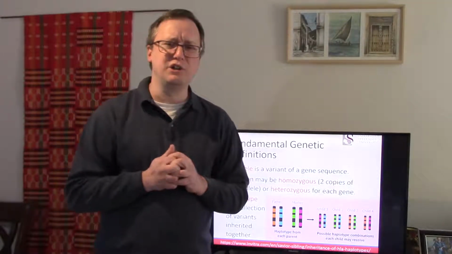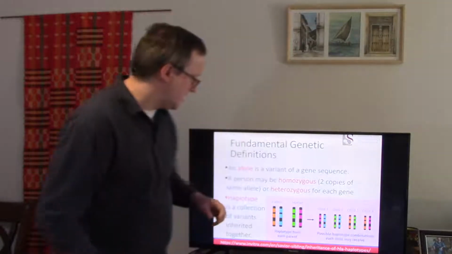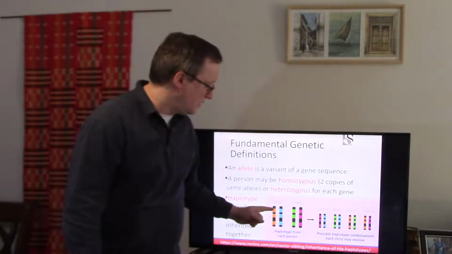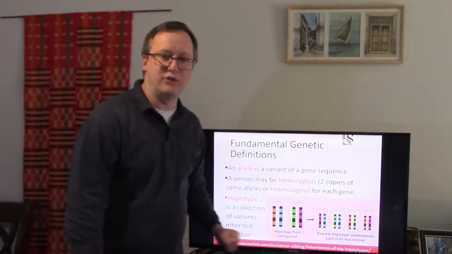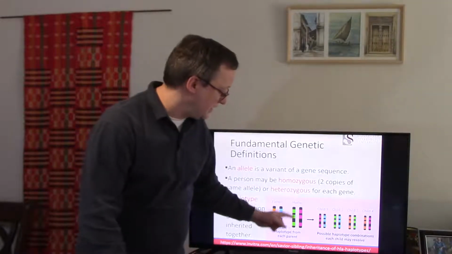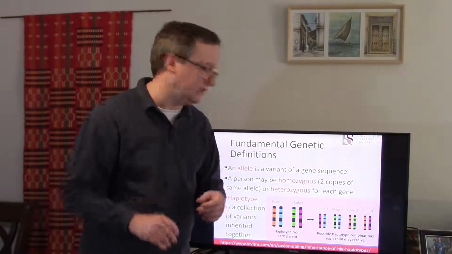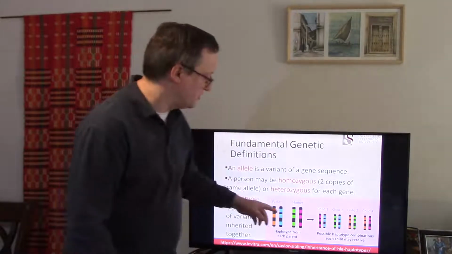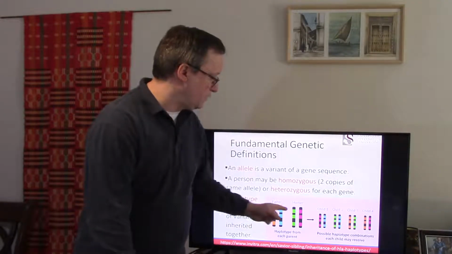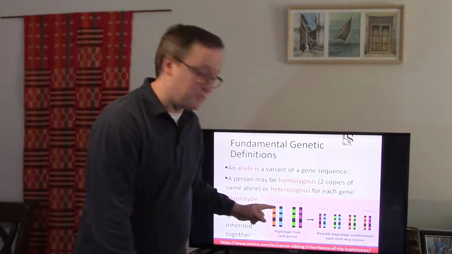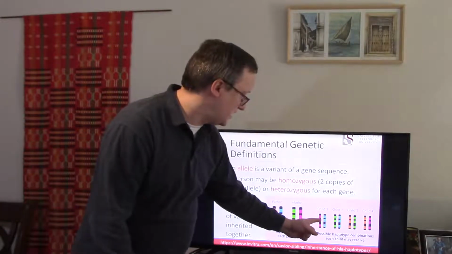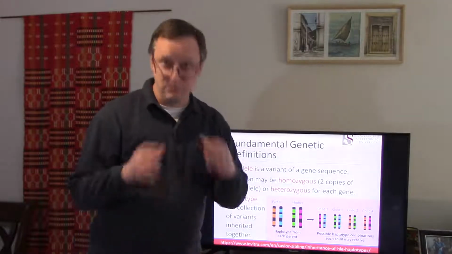Next, I want to talk a little bit about haplotype. If you have a father who is heterozygous, having the orange allele and the brown allele for these two chromosomes, and a mother who is heterozygous, who has a green and a magenta allele for these chromosomes, you can imagine that each of their children may get one or the other of the father's chromosomes and one or the other of the mother's chromosomes to then be some combination of those colors.